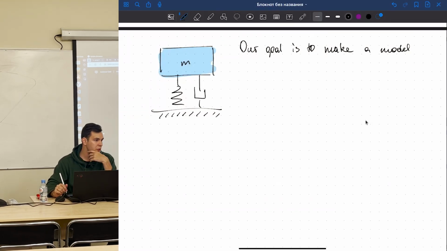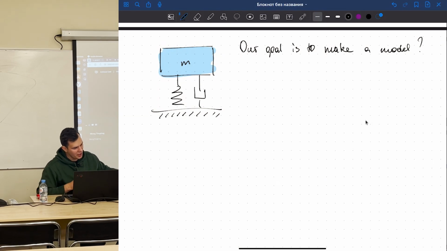How are we going to make it? Laws of motion, like Newton's laws. If our task is to derive an equation of motion, what kind of method do we have? We have the Newton-Lagrange method.